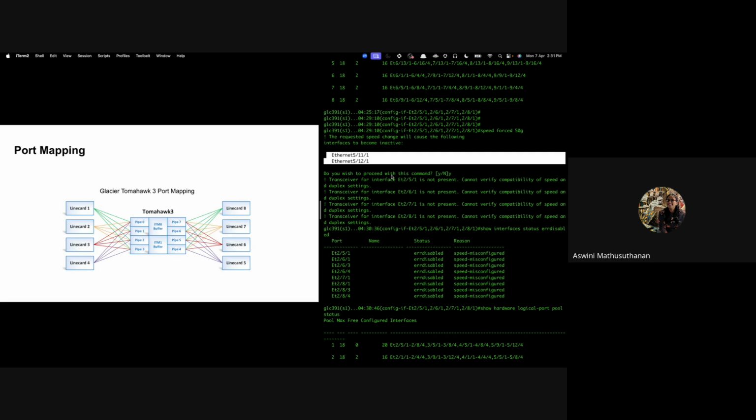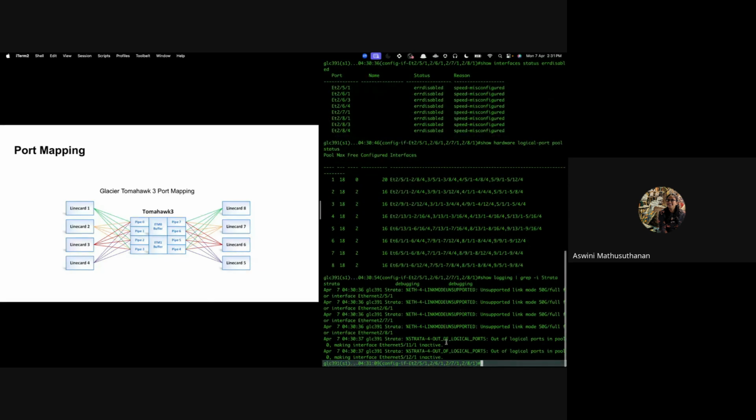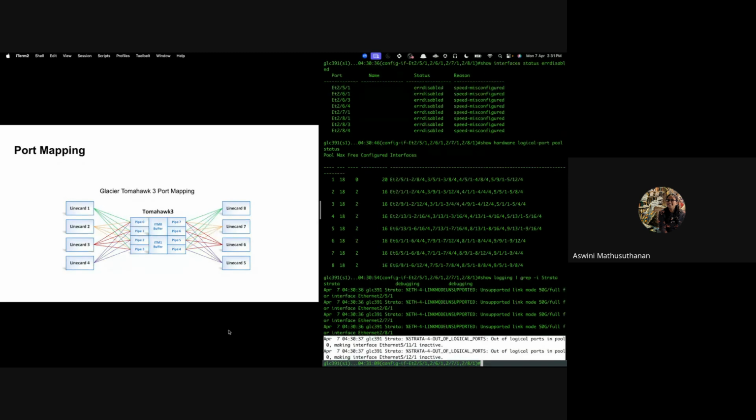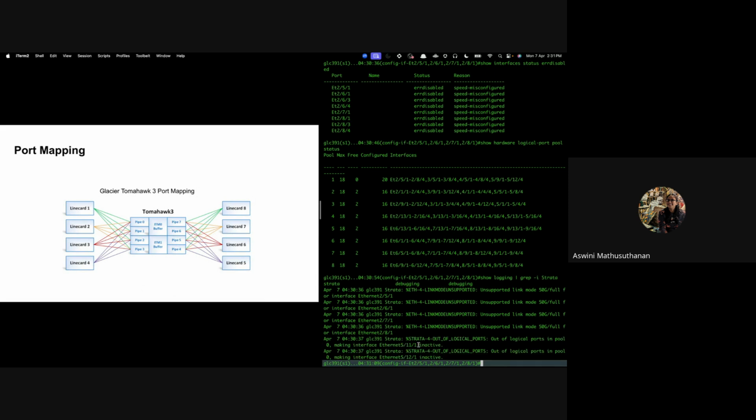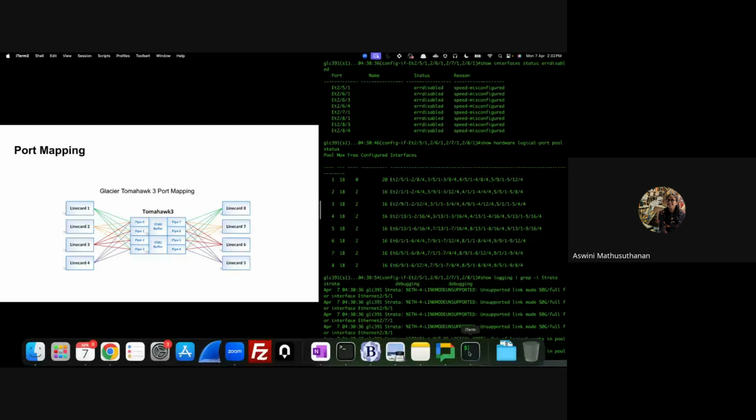We can see that clearly here. And what will happen if the pool is exhausted? We get these two logs. It just says out of logical ports for this particular interface which went inactive right now when we configured the speed. In older codes, it just says hardware resources full, but this is 4.31 and it says out of logical ports here.